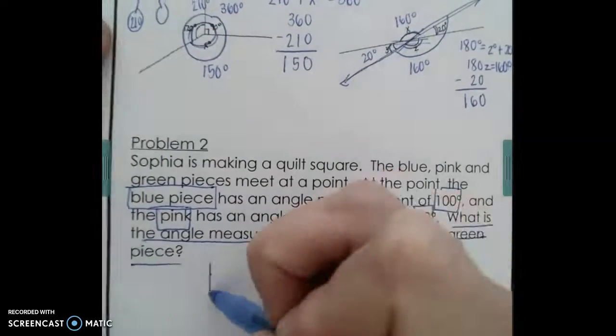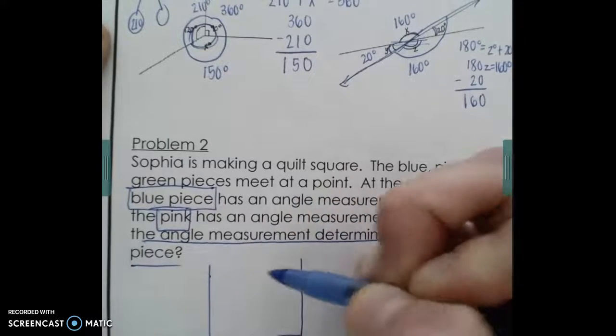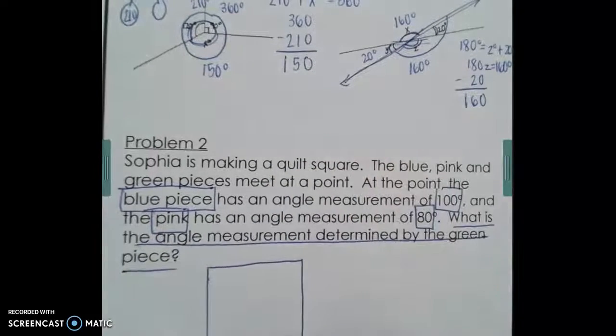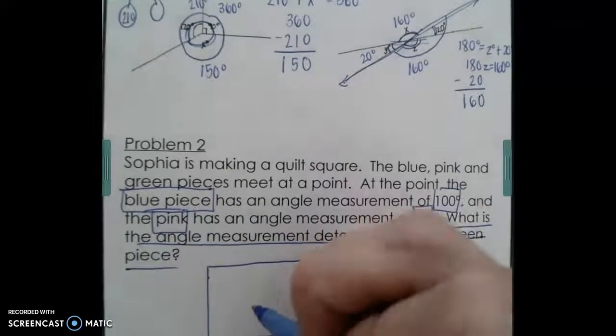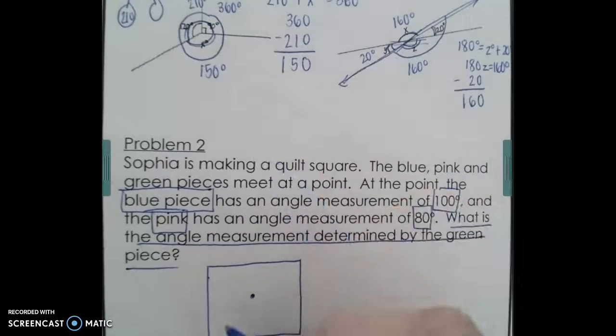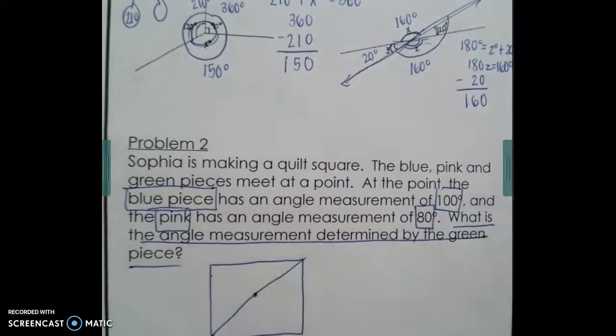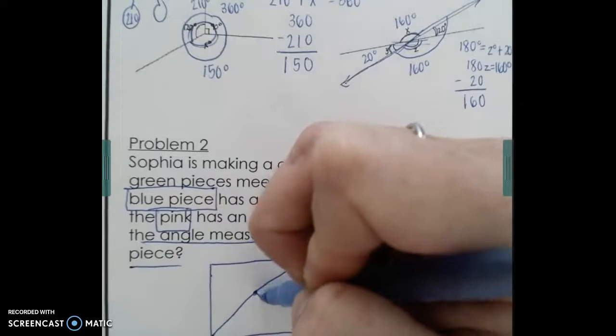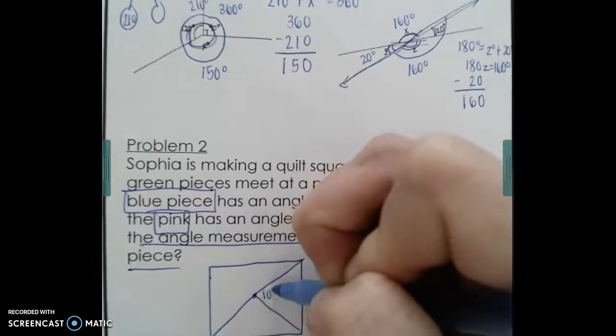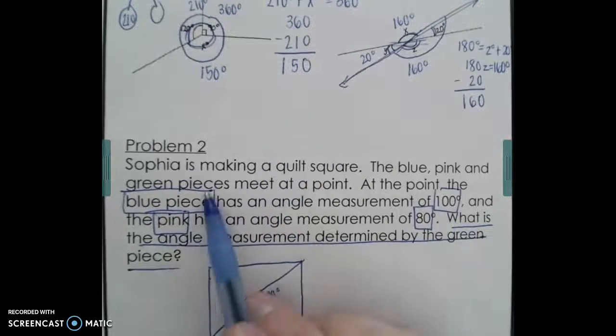So I'm going to draw a picture first. So here's my square quilt. Okay. They're all going to meet at a point. So I'm going to put a point right here. Some of mine is going to be 100 degrees. So that's my blue piece.